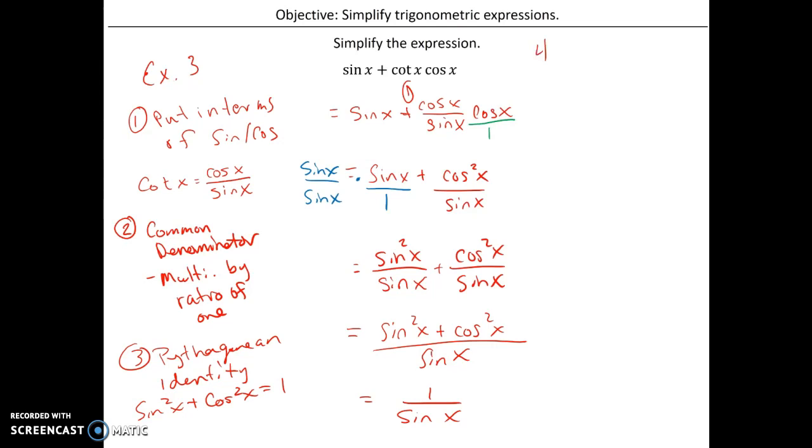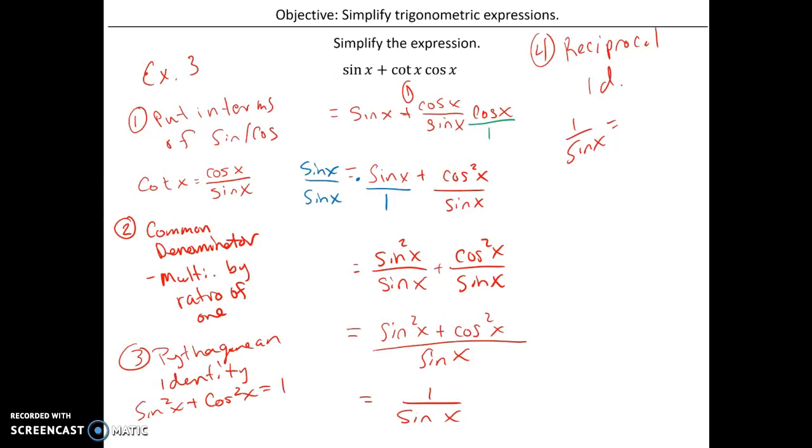I'm going to use a reciprocal identity, which is that 1 over sine of x is equal to cosecant of x. Sorry for these glitches, guys. So my answer here is cosecant of x, and that is my answer.